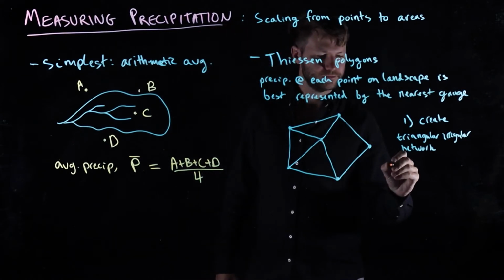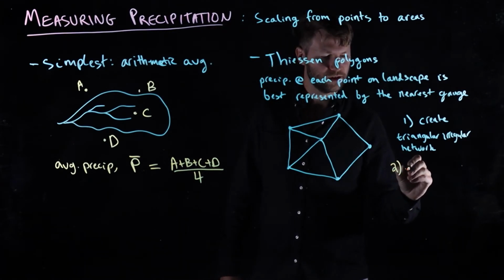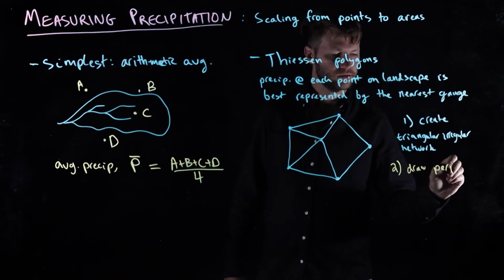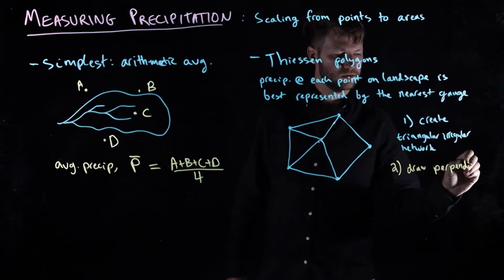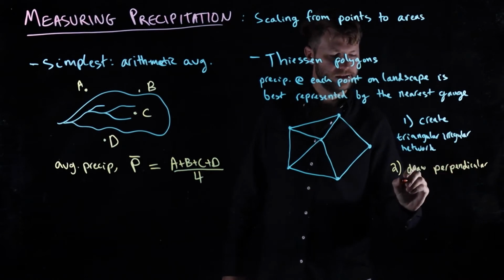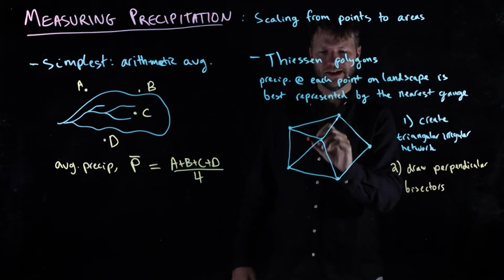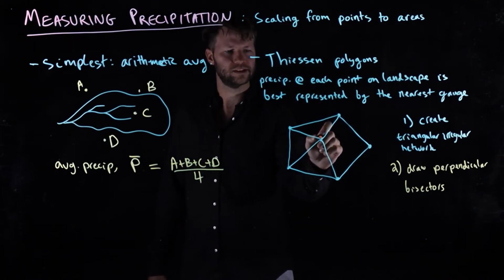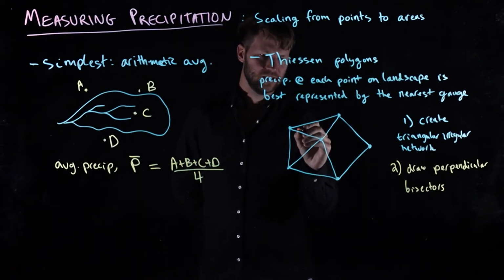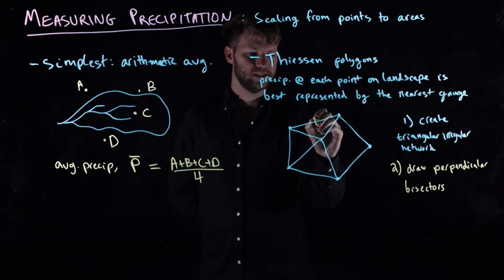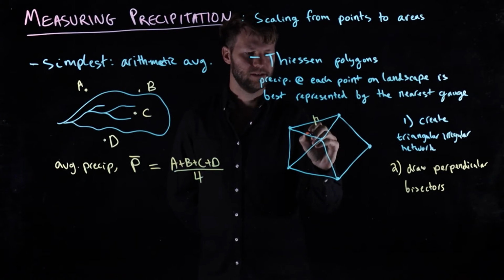Step 2 is to draw perpendicular bisectors. And in doing so, you will outline an area which is closest to this point and not to any others. So a perpendicular bisector. The bisector is the halfway point and it's perpendicular. So I'll denote that with this little triangle here.